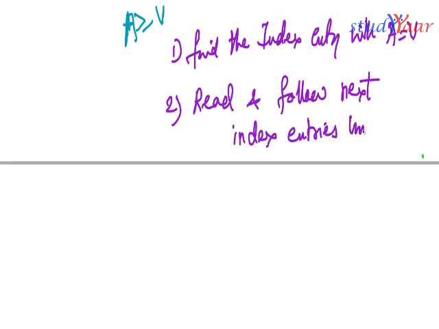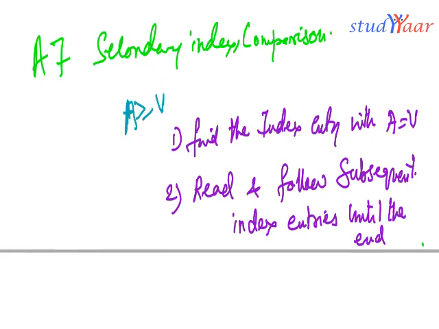Entries until the end. Or rather, read and follow subsequent index entries. It is a better word to explain what is exactly happening. I'm going to see the next index entry, and from that entry I'm going to find the pointer which is going to take me to the block where the next record is present.